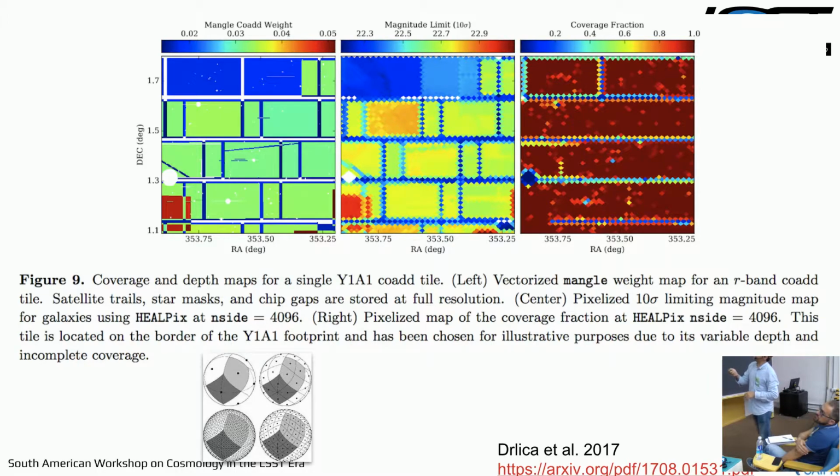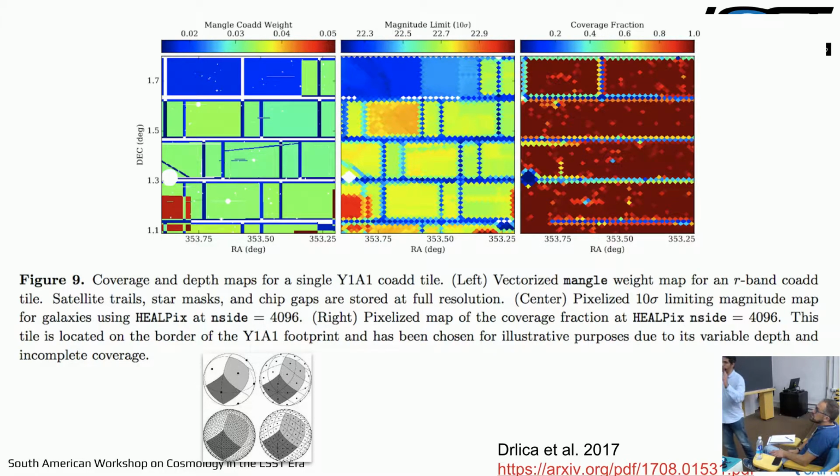And this starts with these things called Mangle maps. They're high resolution maps that, well, for most of the analysis, are very hard to deal with. So people sort of degrade them. We're using HEALPix maps. I think most of you have heard of HEALPix. It's a way of pixelizing the sky.